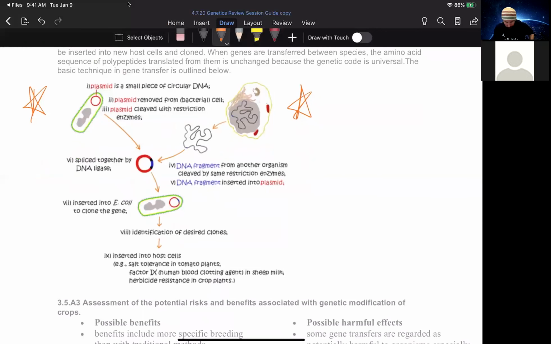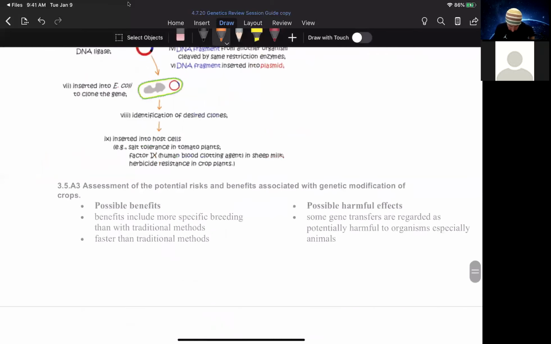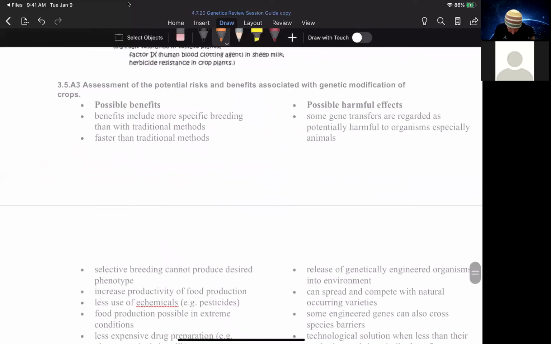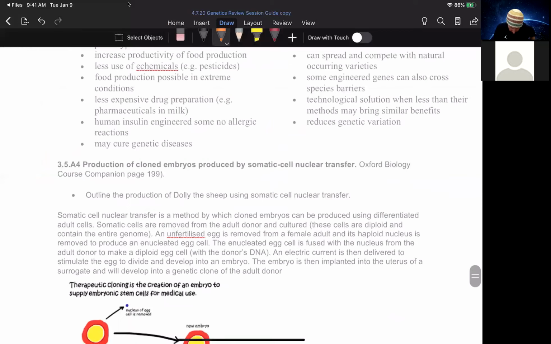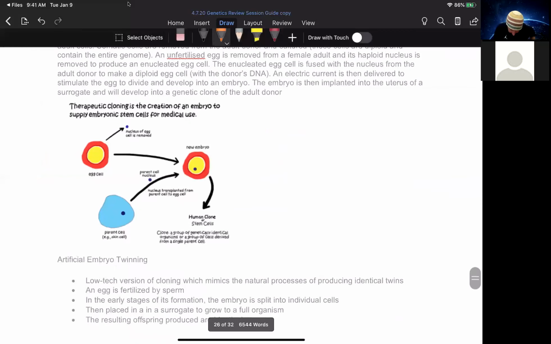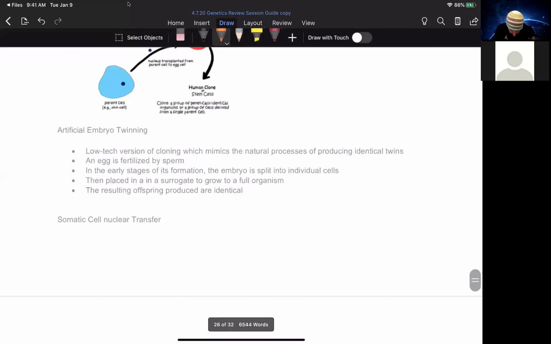I don't think it's something that you have to spend a lot of time on. But if you just review them a couple times, I think you'd probably be good. Yeah, I was good on this. And then there's a little bit about the possible benefits and risks of GMOs. But I kind of thought the biotechnology stuff would be the more important stuff.